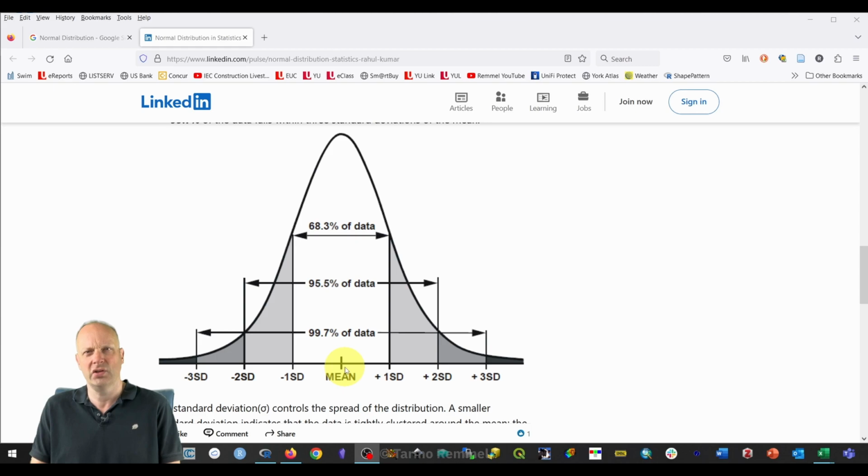It just makes it easier when the mean is always 0, because then we can measure how far on the positive side or the negative side of that mean we are by measures of standard deviation.